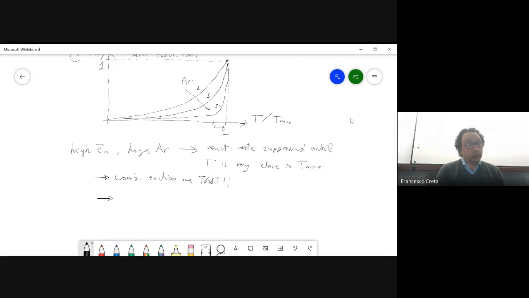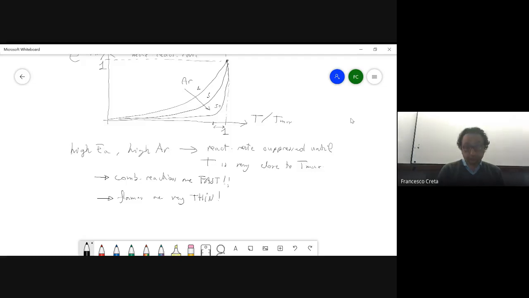This is also something that we'll see at the end of the course, which is flames, which are more like a fluid dynamic solution of combustion, or combustion waves. Well, flames are very thin.